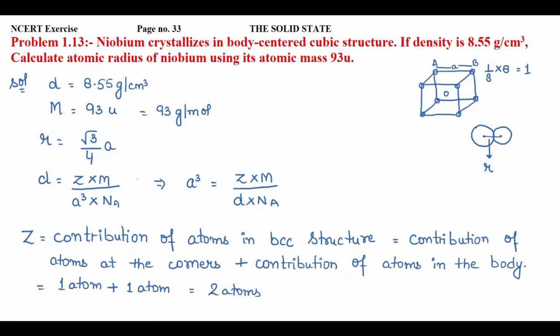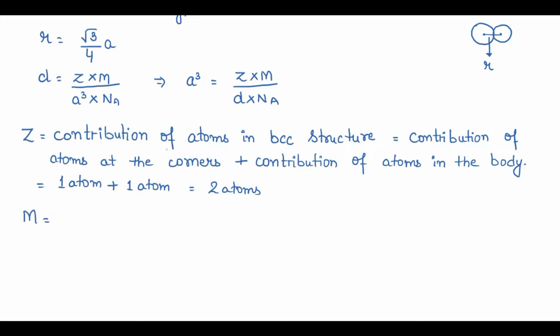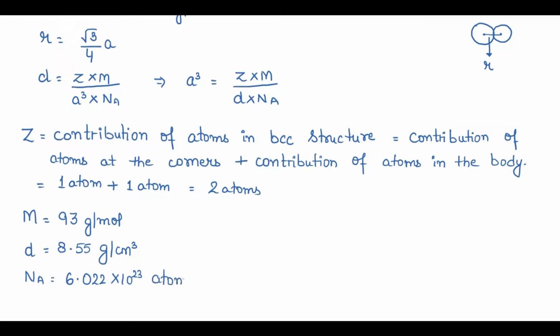Now M. M is atomic mass of 1 mole of atoms, which we have found, that is 93 gram per mole, right? Now density is 8.55 gram per centimeter cube. Na is Avogadro number of atoms, 6.022 into 10 raised to power 23 atoms per mole.